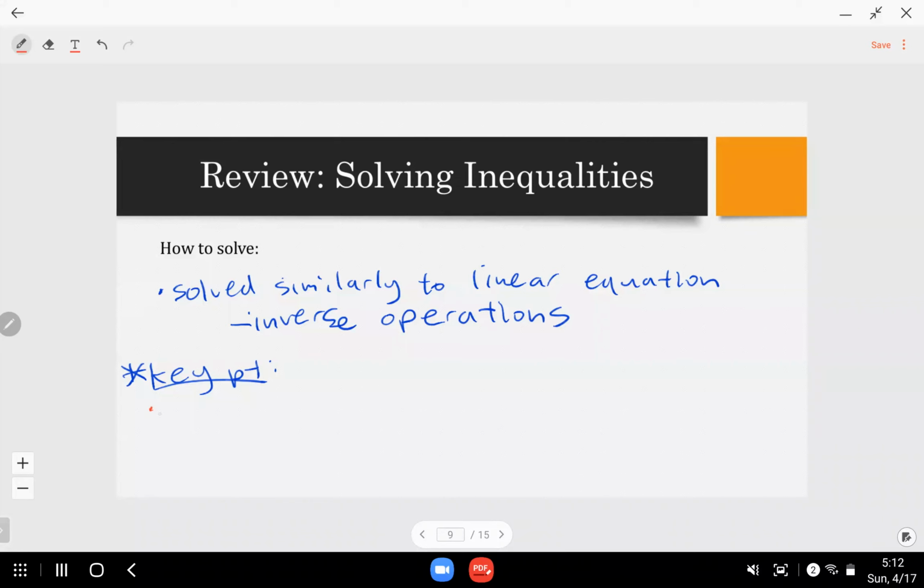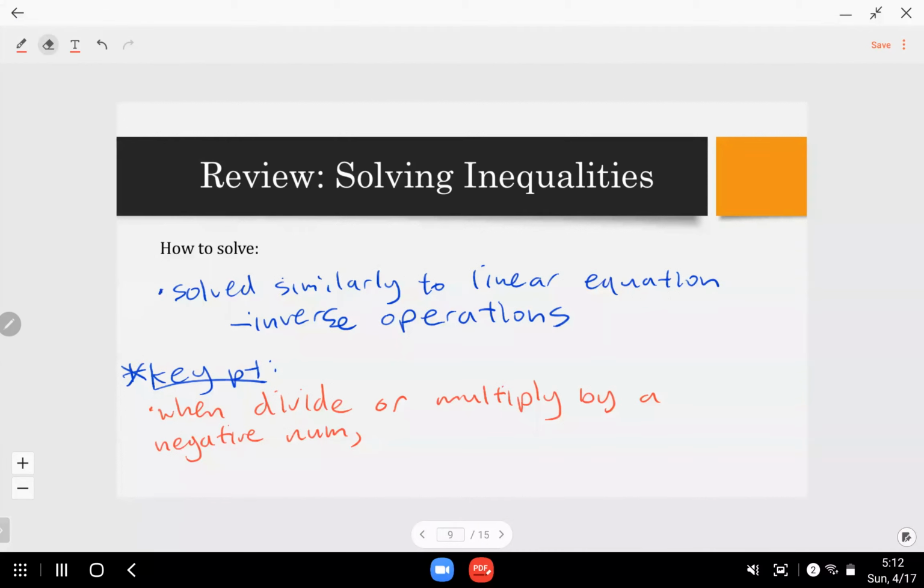When you divide or multiply by a negative number, flip the sign. This is very important.